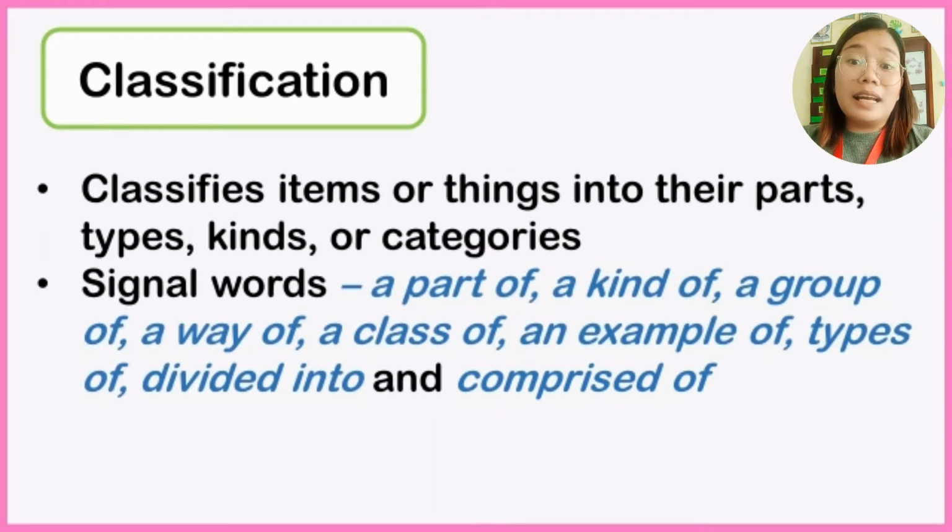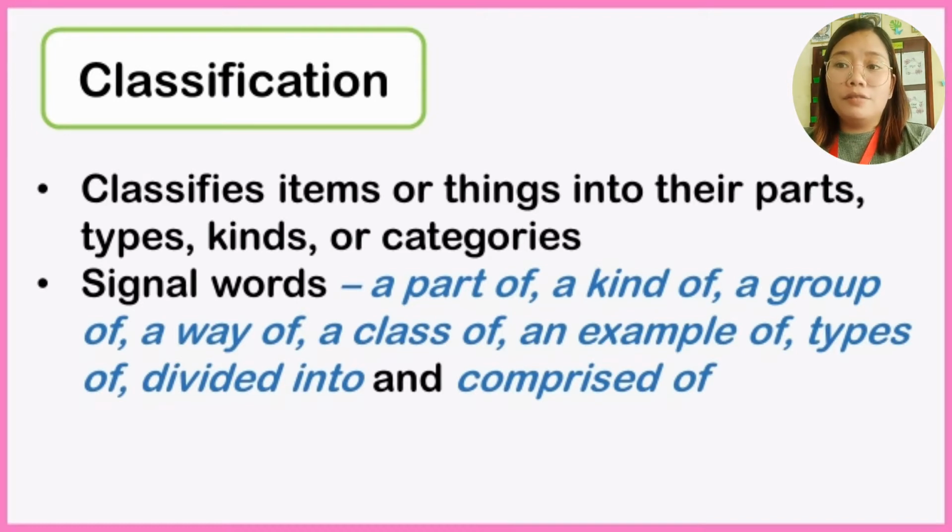Next, we have the classification. From the word classify. So, ina-identify mo or kina-classify mo, pinag-iiba-iba mo yung mga items according to their parts, to their types, to their kinds, or the categories. Classification yon. Now, for the signal words, ito yung mga pwede mong gamitan.